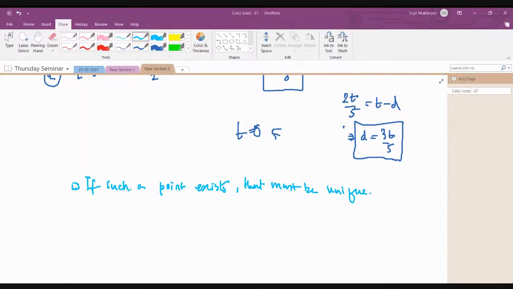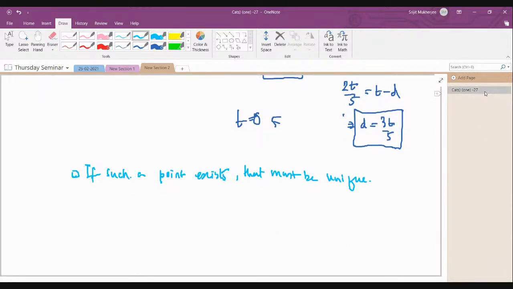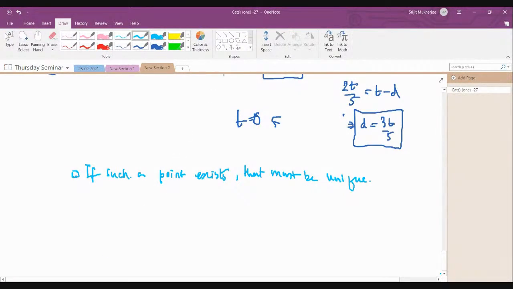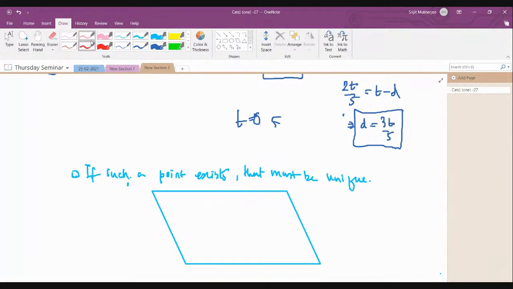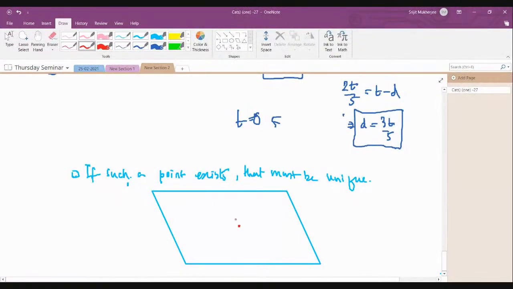Let's try to see if such a point exists for a parallelogram or not. Such a point exists such that it equally divides. I'm not sure actually.